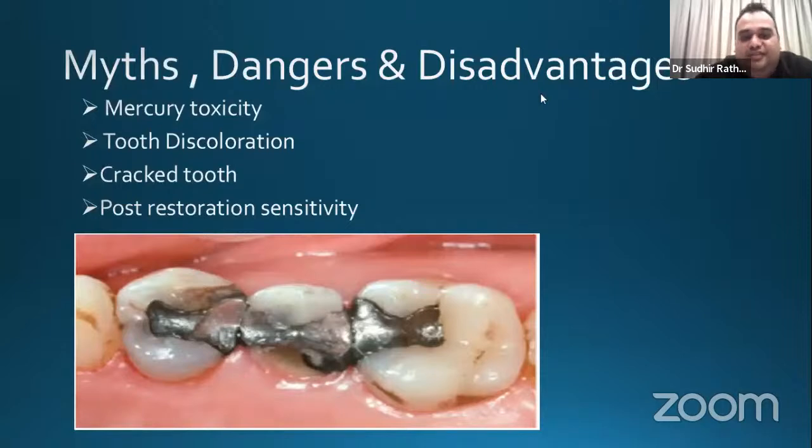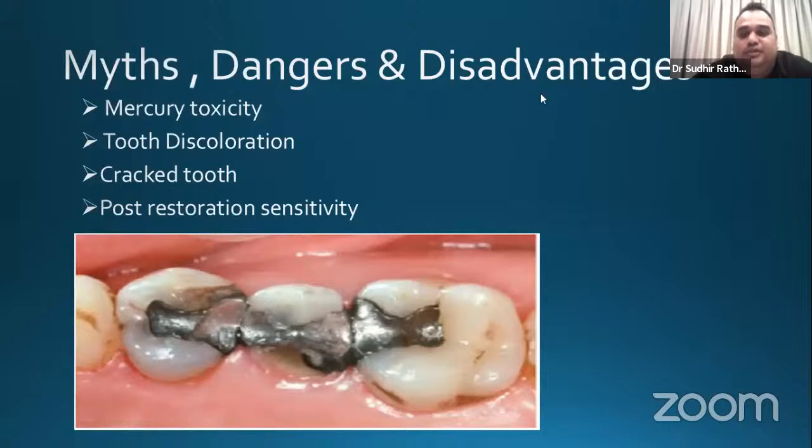Some of the other disadvantages with dental amalgam restorations, unfortunately, is that when a tooth is restored with an amalgam filling, it tends to discolor over time, also due to the setting process when the amalgam restoration is placed. As I previously mentioned, amalgam is composed primarily of metal element particles. They tend to expand and contract at a greater degree than that of your tooth.